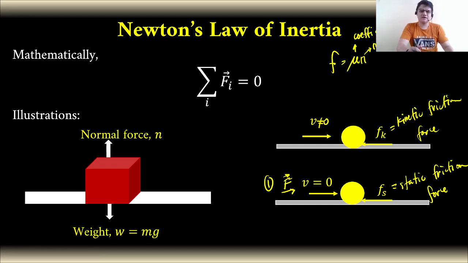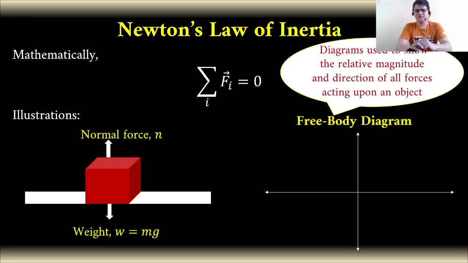In solving mathematical problems regarding Newton's laws of motion, we have to consider the free body diagram, which is a diagram used to show the relative magnitude and direction of all forces acting upon an object. Say, for example, we consider this box.